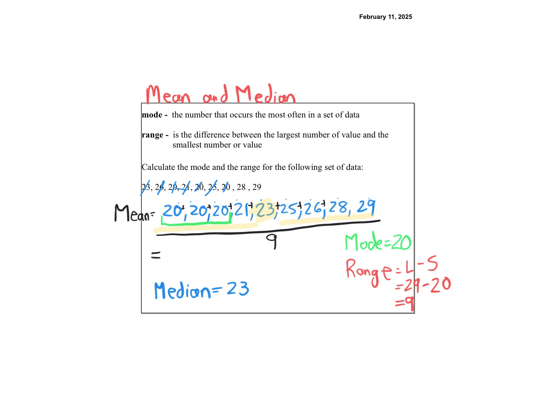And again, in previous lessons and all throughout the year, I've told you, the more organized you are, the better. So we have 20 plus 20 plus 20 plus 21 plus 23 plus 25 plus 26 plus 28 plus 29. I got 212. And we're going to divide that by 9. And that will give us 23 and 55 hundredths.